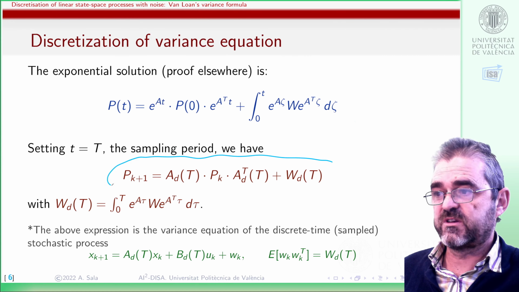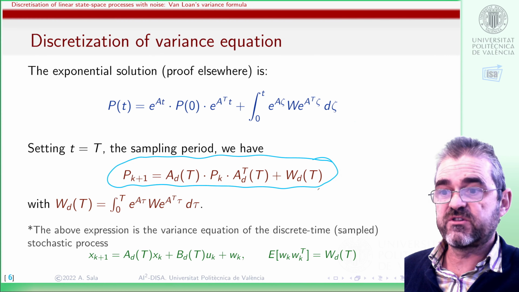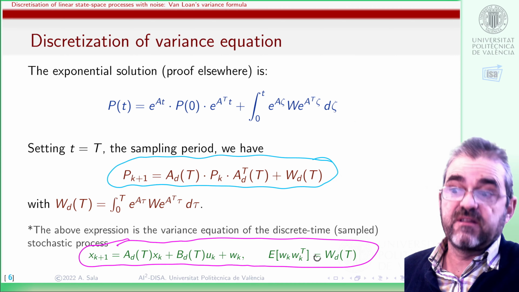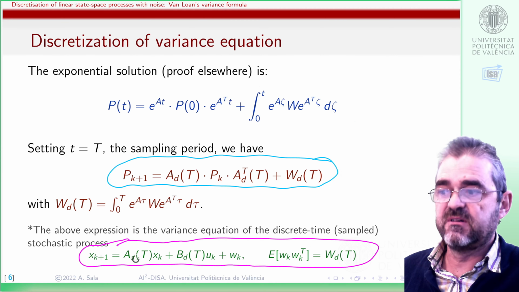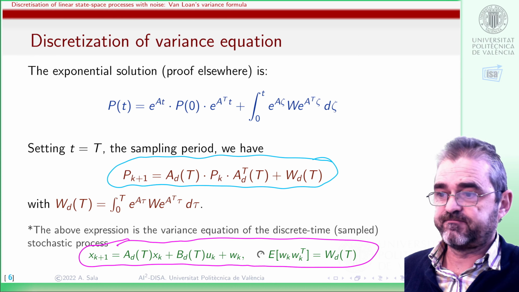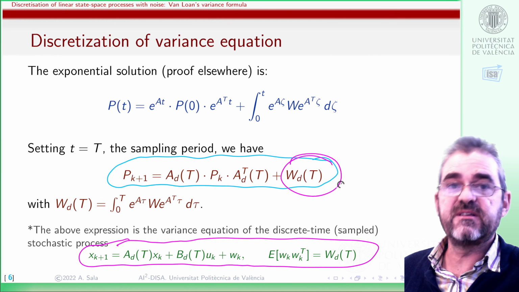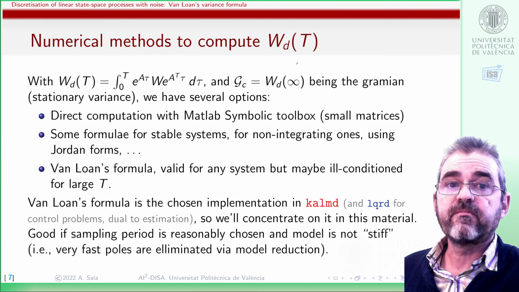Of course, once we compute everything, this thing is the variance equation for this discrete time, actually sampled data, of course, because it comes from a continuous one. So for this discrete time linear stochastic process, if we are able to compute this WD, then we will have finished our discretization.